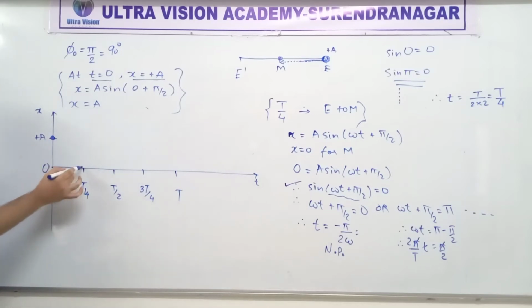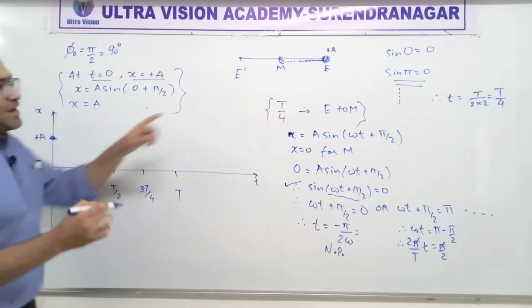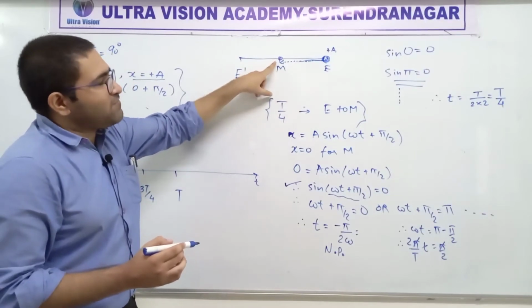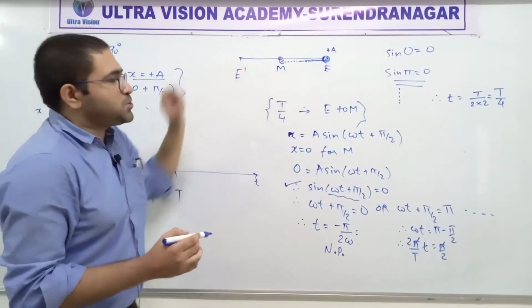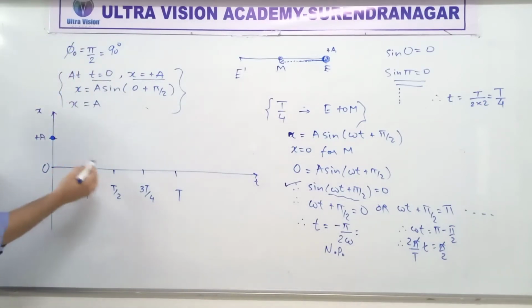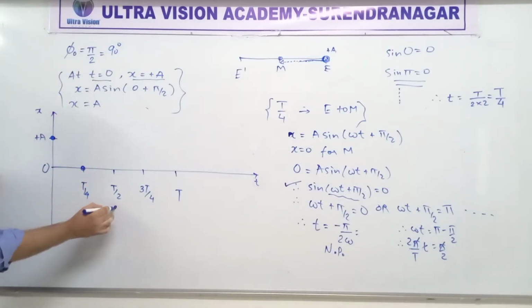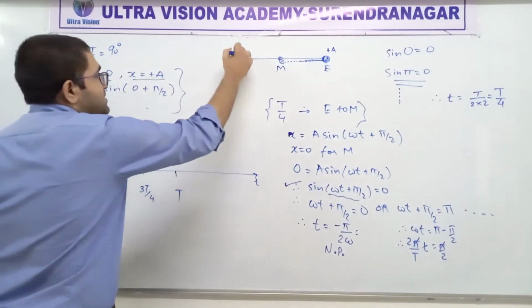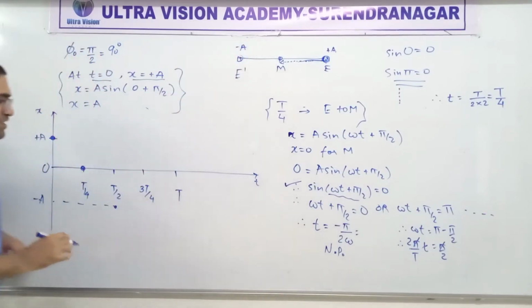At T by 4, the position becomes 0. Like I said, it takes T by 4 to go from E to M. Then it will take T by 4 more to go from M to E dash. E dash would mean minus a. When it comes here, x is equal to minus a.